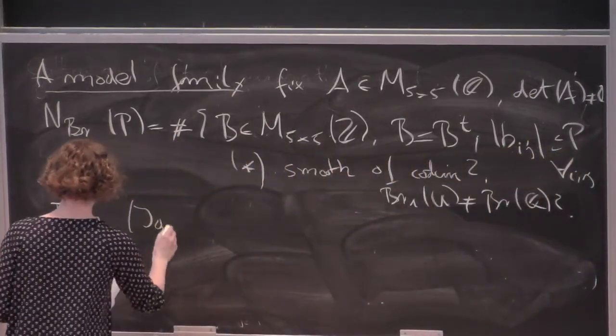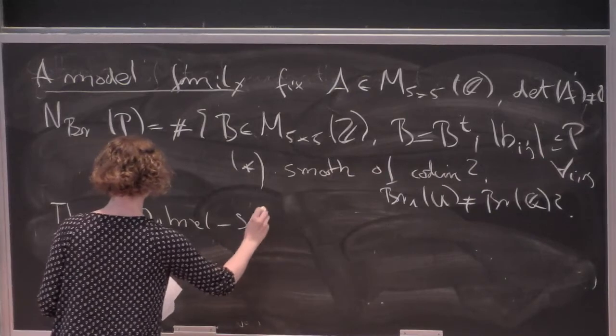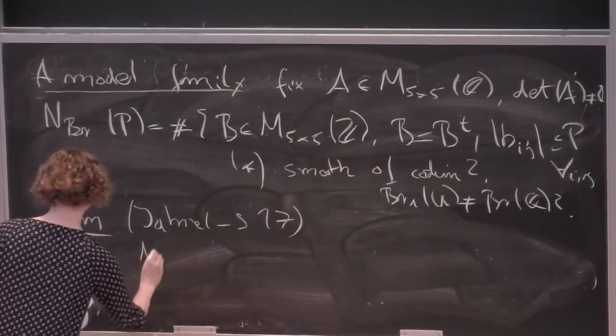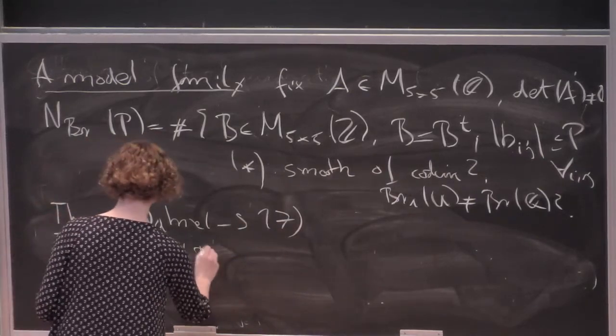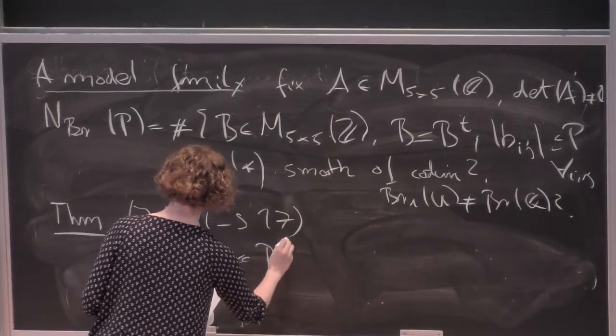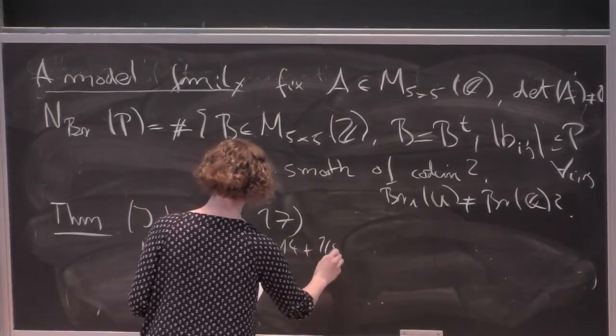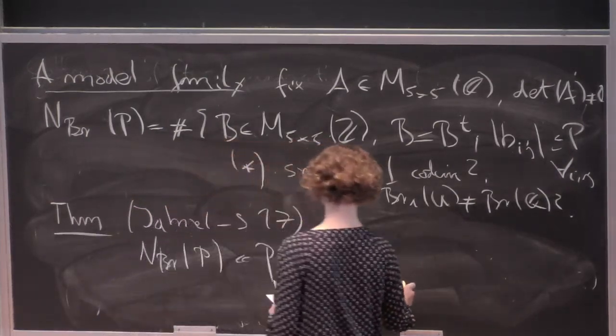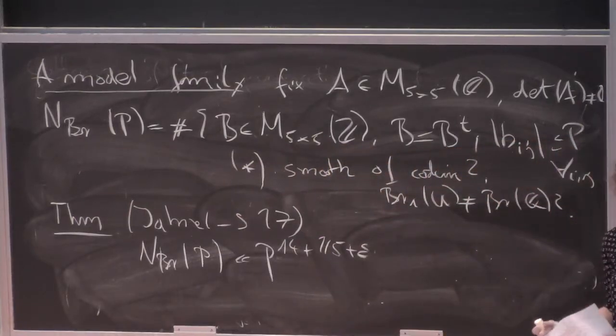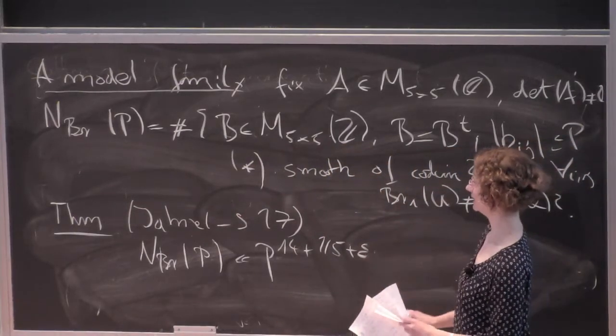And we get a power saving, for the things that could have some Brauer-Manin obstruction, of P to the 14 plus a fifth plus epsilon. And that's coming out from some analytic methods.